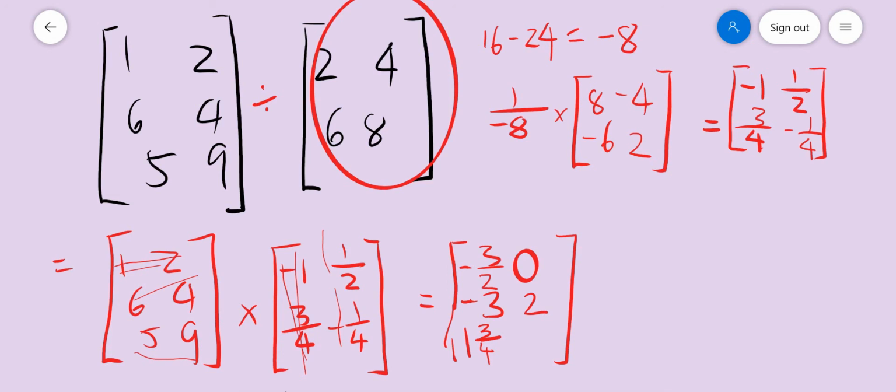That is 5 over 2 plus minus 9 over 4. And this is 10 over 4 minus 9 over 4. That is 1 over 4. That is the quotient of these two matrices. Okay, so that is the division of matrices.